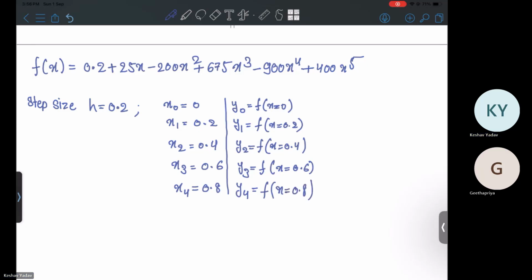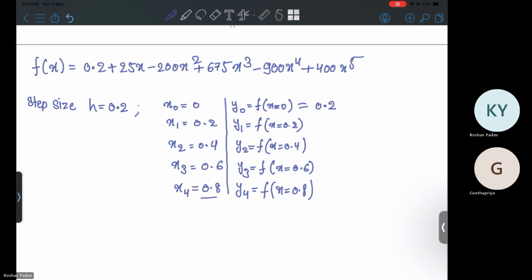So you put the values here. If I put 0, that will come as 0.2. Now suppose I am doing the calculation in the calculator for 0.8: 0.2 plus 25 multiplied by 0.8 minus 200 multiplied by 0.8 multiplied by 0.8. Oh, sorry.